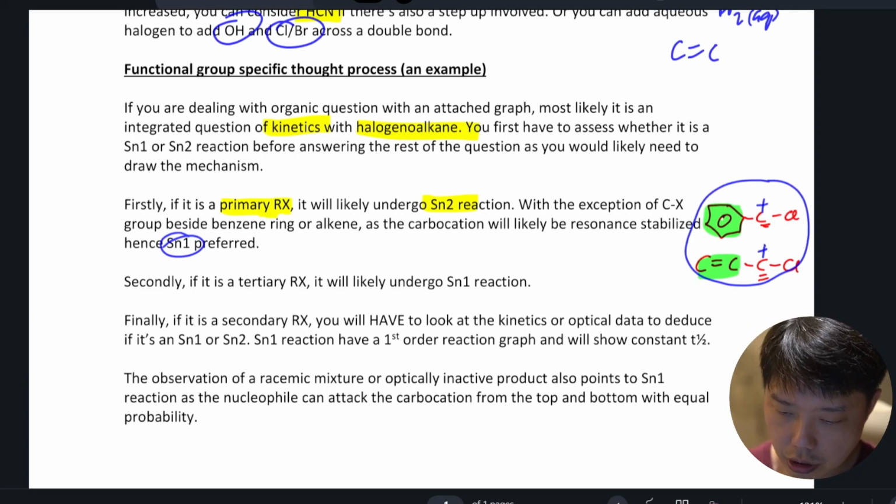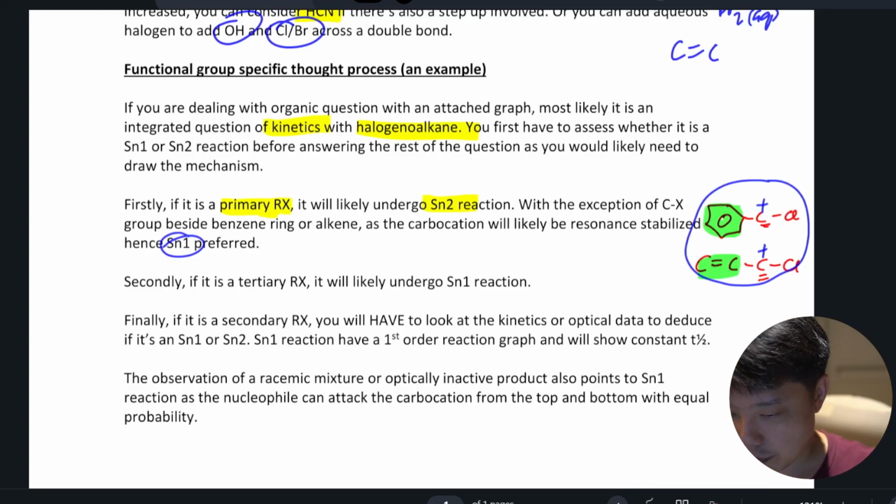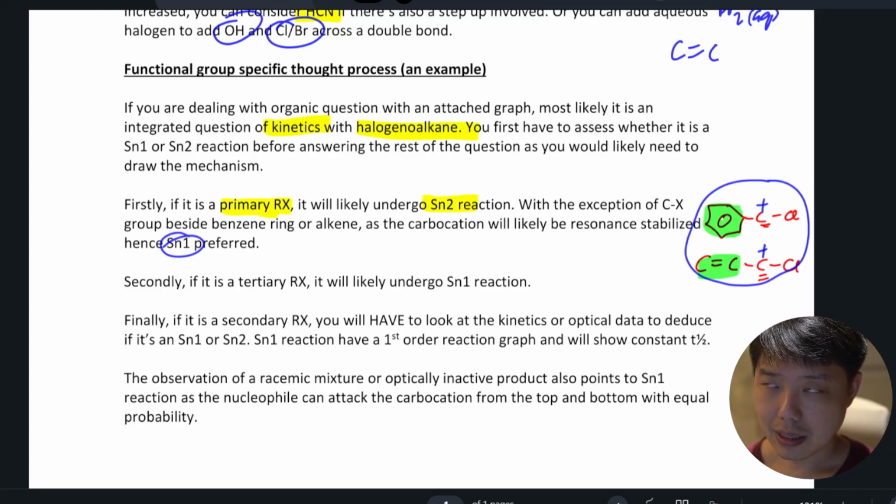Okay, if it's a tertiary, likely to undergo SN1 because of the steric hindrance and a very stabilized carbocation. Okay, so these are actually very clear-cut examples, but if it was a secondary halogenoalkane, you have to look at the kinetics or the optical data in order to deduce whether it is SN1 or SN2.